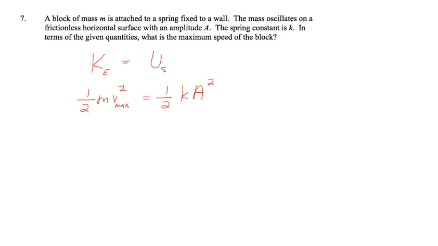So you can see here that the halves can cancel out if I multiply through by 2. And I'm looking for the maximum velocity. So I just need to take the mass, bring it down there, and take the square root. So let me do it over to the right here because it doesn't work as well here.